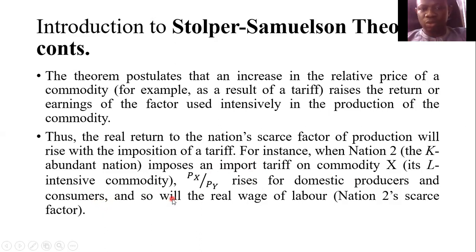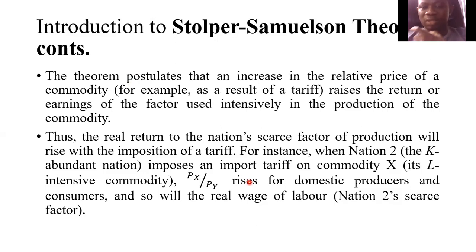If a capital abundant country imposes a tax on labor-intensive commodities, the relative price of the labor-intensive good is going to rise. And don't forget that the country is not endowed with labor as a factor of production, but is endowed with capital. Because of the imposition of tariffs, the relative price of labor in that economy increases.